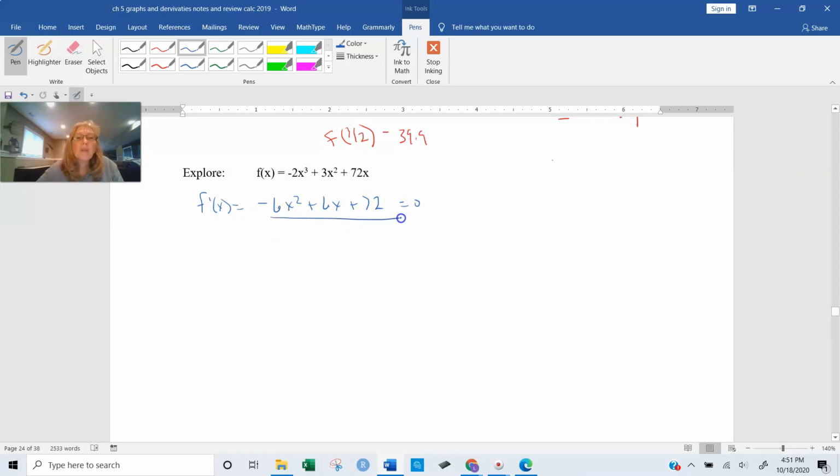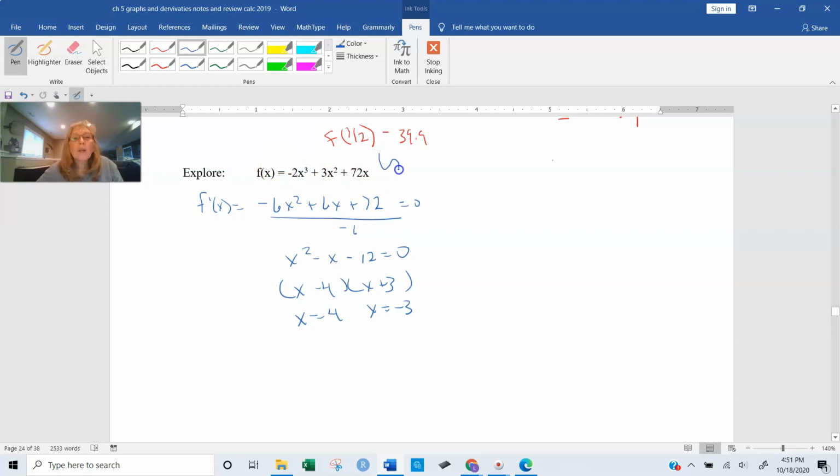Okay, I'm going to divide everybody by -6. So you get x squared minus x minus 12 equals 0. Factor that out. So you get x minus 4, x plus 3. So x equals 4, x equals -3. Okay, so we know 4 and -3 are our maxes and mins. -2x cubed, remember what that looks like.